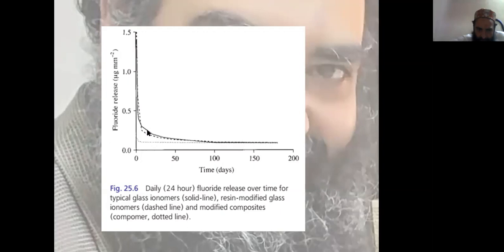So the solid line is for glass ionomer cement.